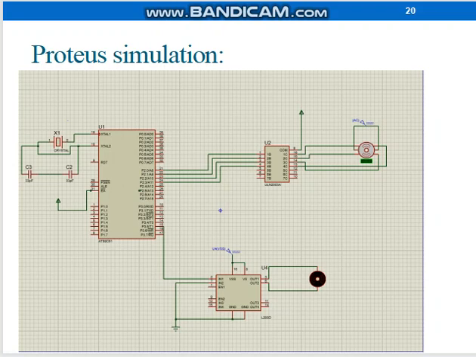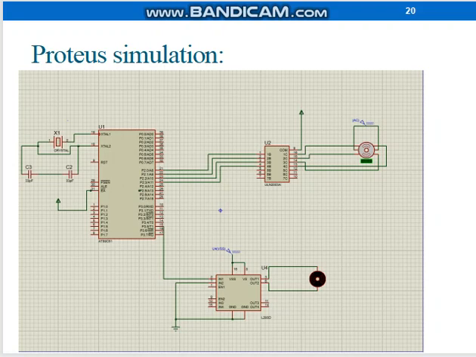Here is the Proteus simulation. In this Proteus simulation, the 89C51 microcontroller is connected with the motor driver L293D, and the DC motor is connected with this driver, while another motor driver L293D is connected with the microcontroller, and the stepper motor is connected with that motor driver.